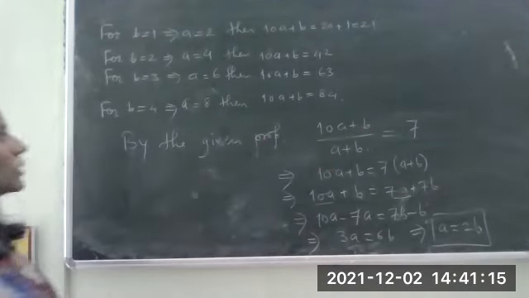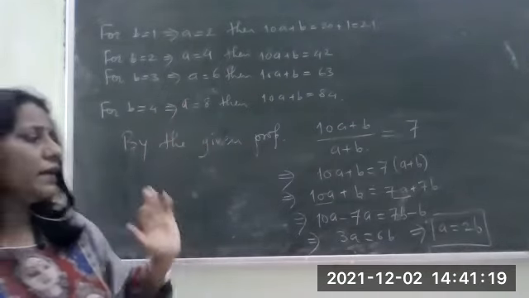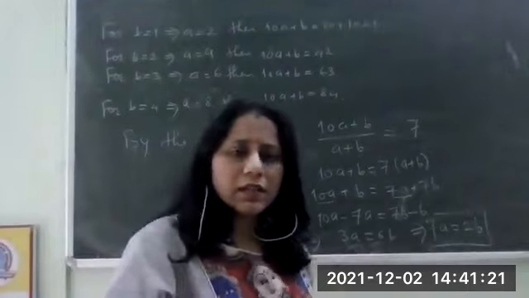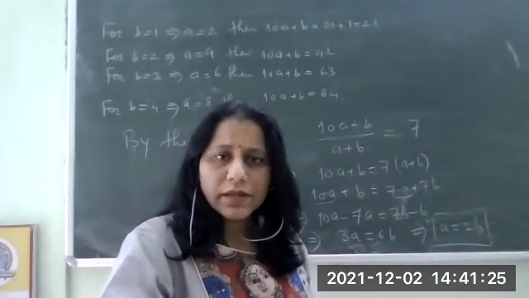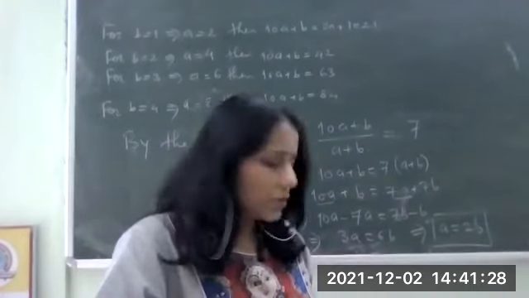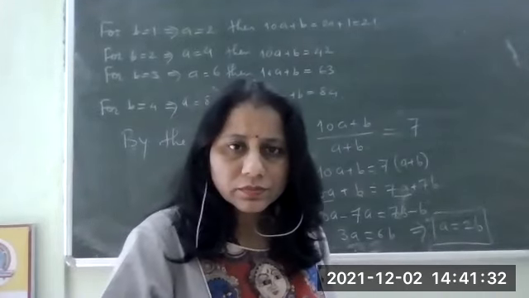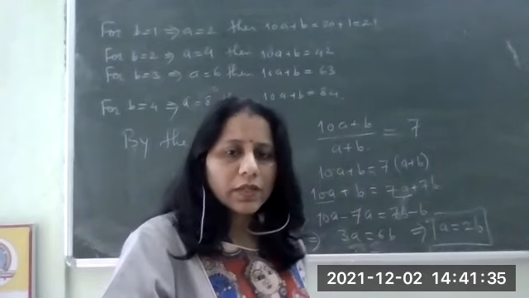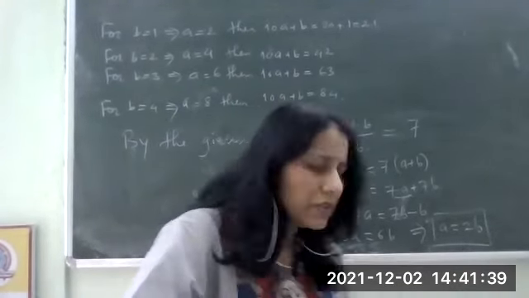The next value would be more than that, because if I put b equal to 5, a will be 10. This is beyond a two-digit number, because it will be 105, which is not a two-digit number.